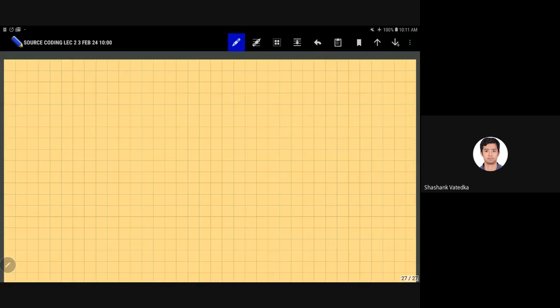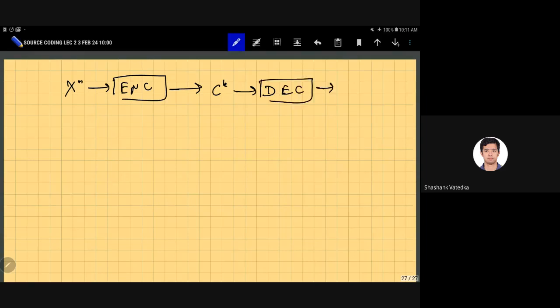In practice, we don't really know the distribution, right? Even if we assume that the source is IID, we have X^n, which we compress to get C^k, and then we decompress to get back X^n.